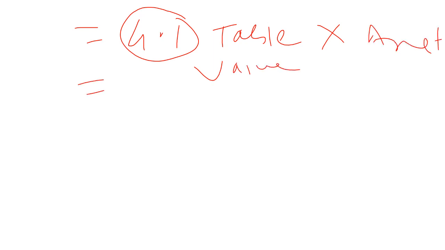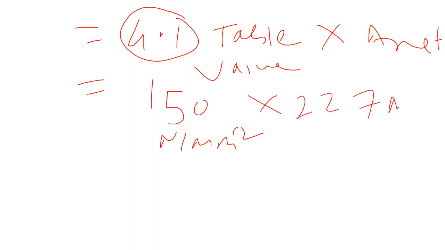as. So for the angles having thickness up to 20 mm, the stress value is 150 Newton per millimeter square or megapascal, right? This is Newton per millimeter square into our A net, which is calculated already, that is 227, again in millimeter square.